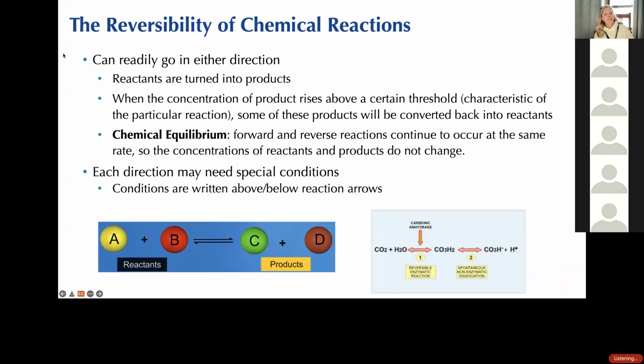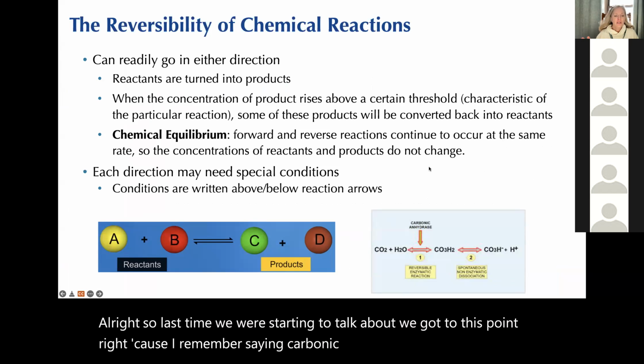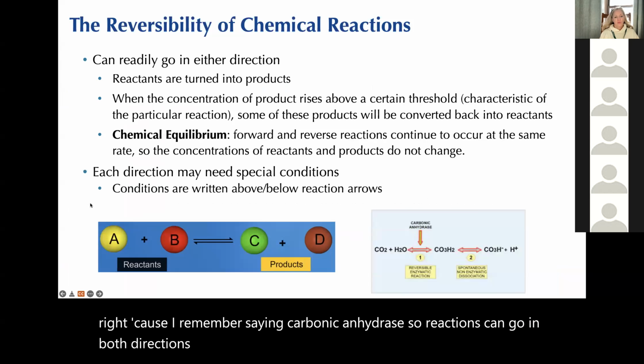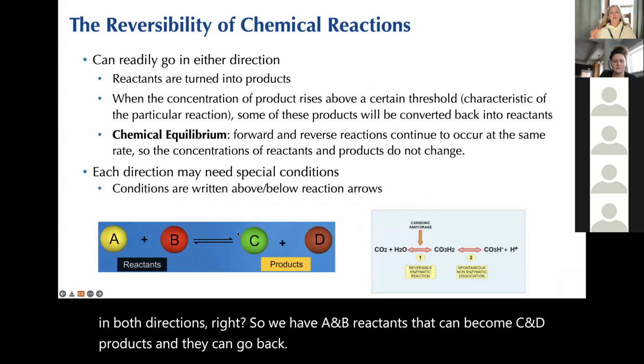All right, so last time we were starting to talk about, we got it to this point, right? Because I remember saying carbonic anhydrase. So reactions can go in both directions, right? So we have our A and B reactants that can become C and D products, and they can go back in chemical equilibrium.